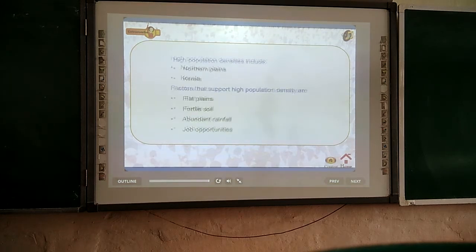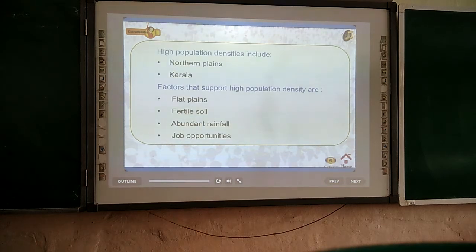High population densities include states in the northern plains of India and Kerala. Factors that support high population density are flat plains, fertile soils, abundant rainfall, job opportunities.